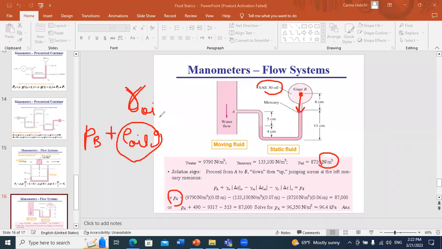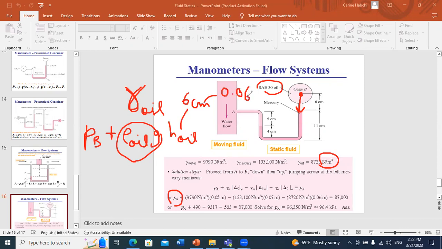So gamma represents the density times g, equal to the corresponding weight per unit volume. So plus gamma oil times h oil. For h oil, we move downward in oil a distance of 6 centimeters, but don't forget to convert it to meters, multiplying by 10 to the minus 2.